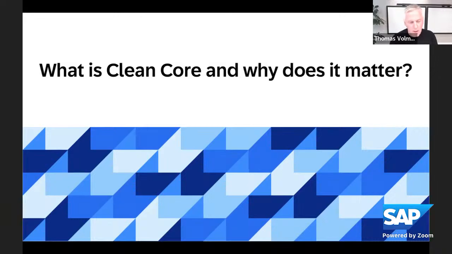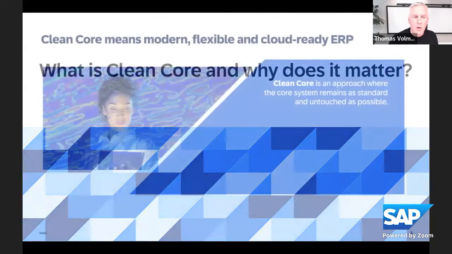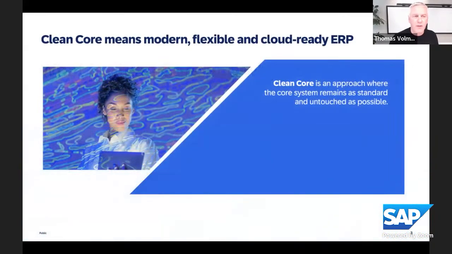My colleague will, in the next BTP Unveiled session, focus on integration, and I will focus today on application development and automation. And the question is, okay, what is clean core? When we talk at SAP about clean core, first and foremost, it's a concept to ensure that we are delivering together with our customers a modern, flexible, and cloud-ready ERP and make it useful.